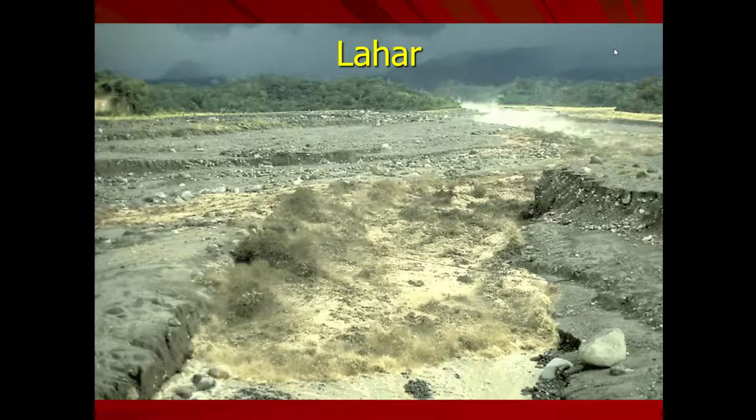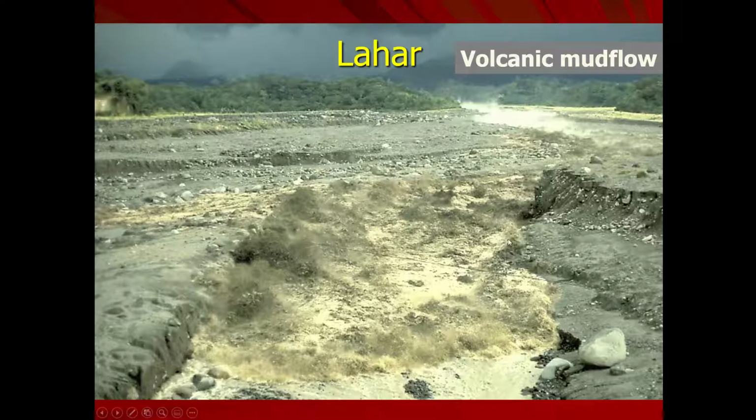There are usually electrical storms, thunder and lightning, associated with volcanic eruptions anyway, because so many charged particles are shot into the atmosphere that water droplets will actually form around those ash particles and bring them back down to earth. But then also the melting of glaciers at the top of volcanoes will create a tremendous amount of water, and lahars are examples of what are called volcanic mud flows.